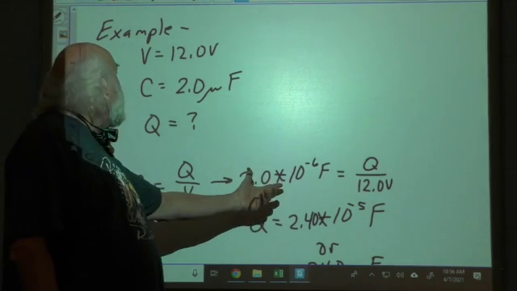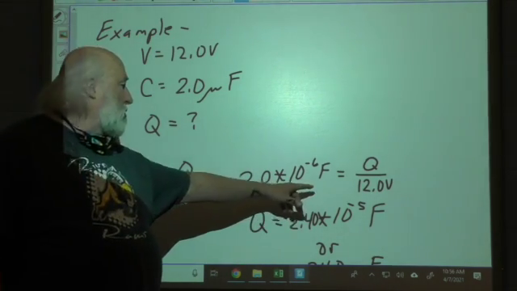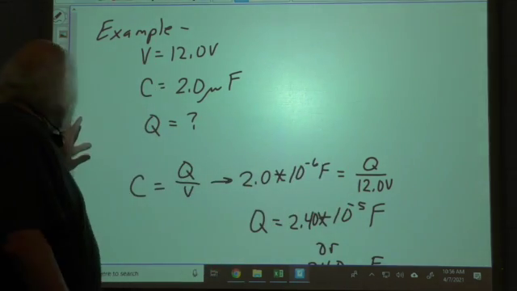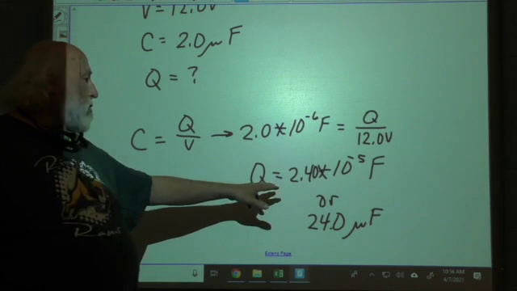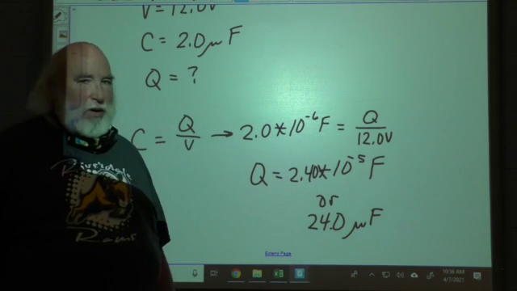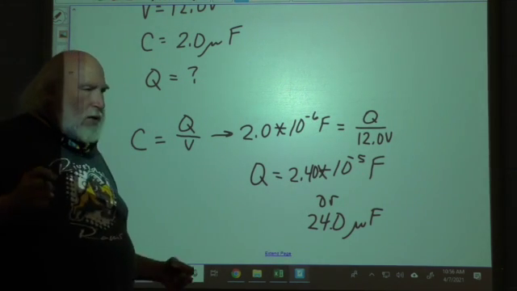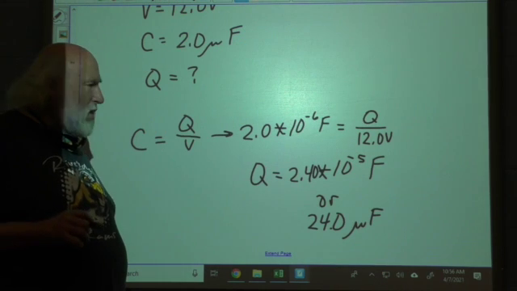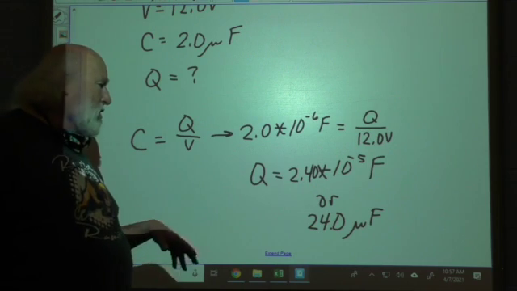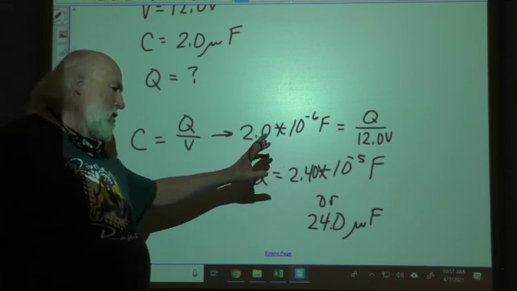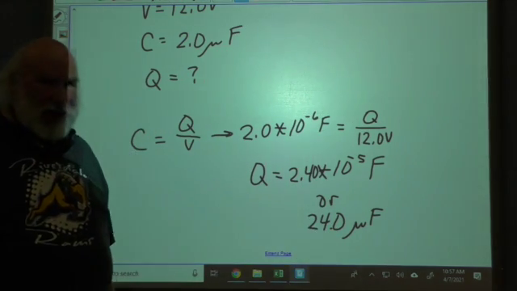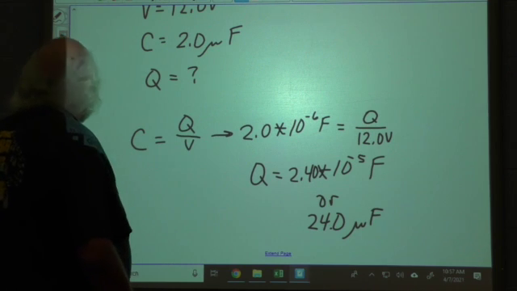So we simply take the capacitance equals Q over 12.0 volts. Algebraically, just multiply by 12.0 volts. And you get 2.40 times 10 to the negative 5th farads, or 24.0 microfarads. Again, farads, coulombs are an extremely large quantity of electrons, so it is not going to be rare to see that we use micro and nano a lot when dealing with capacitance.